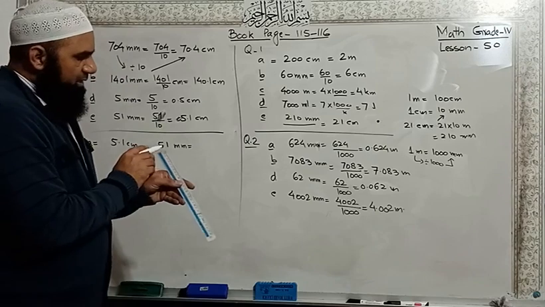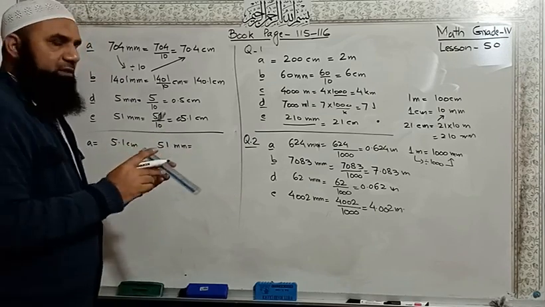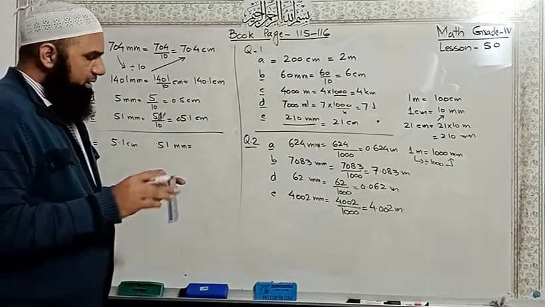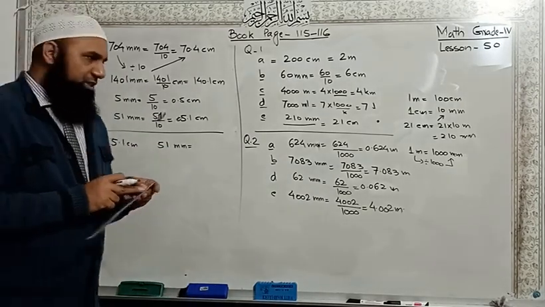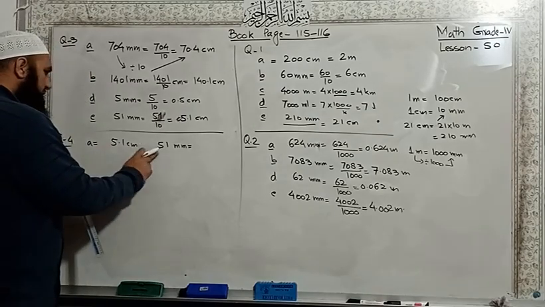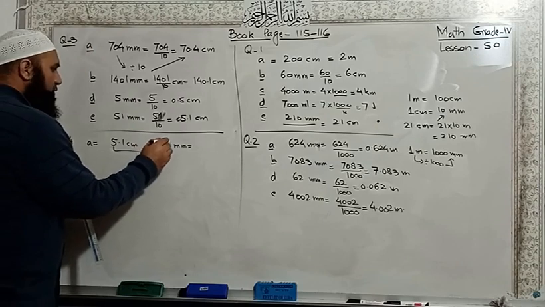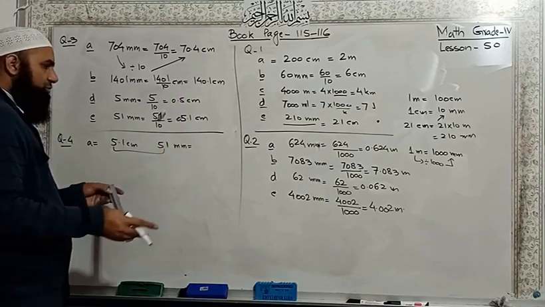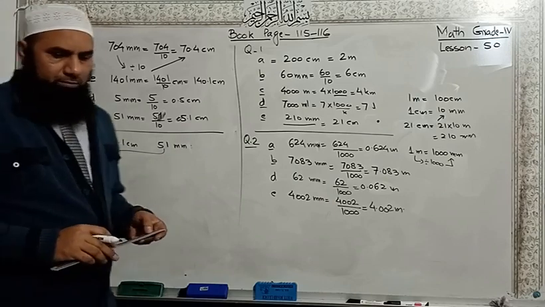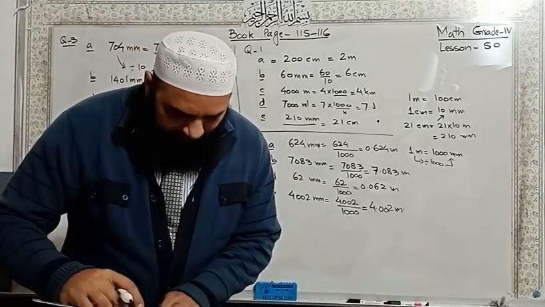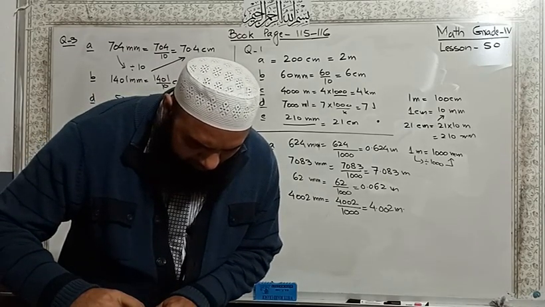If you see, there are also small lines on the ruler and if you count them, they are 10 in 1 centimeter, and 5 centimeters means 50 millimeters and 0.1 means 1 millimeter. So this will become totally 51 millimeter. Now measure the second line. This is 4.1.